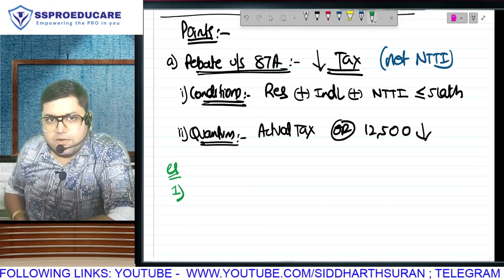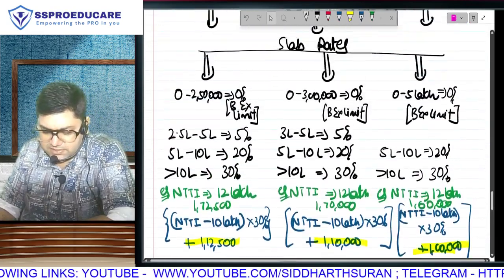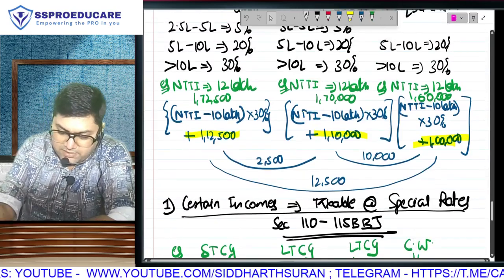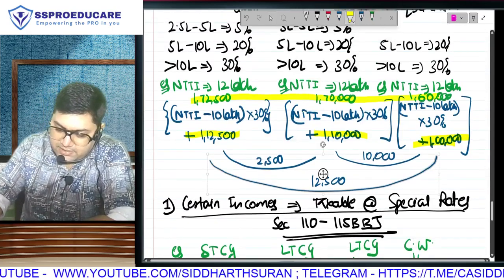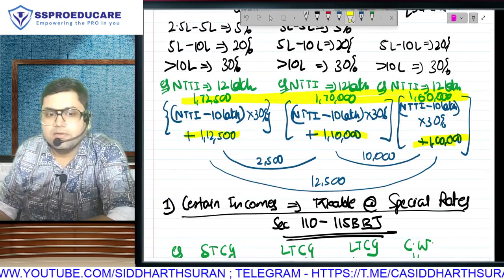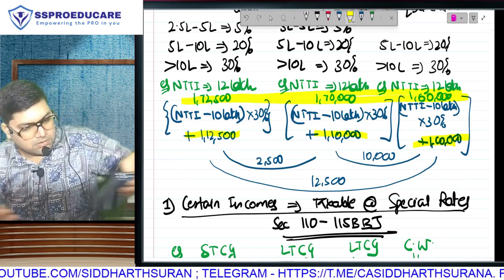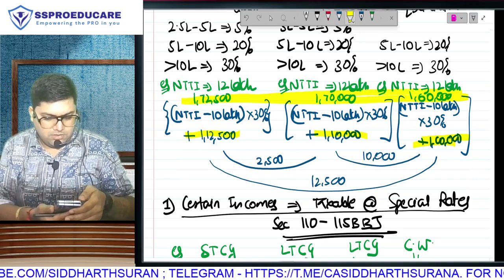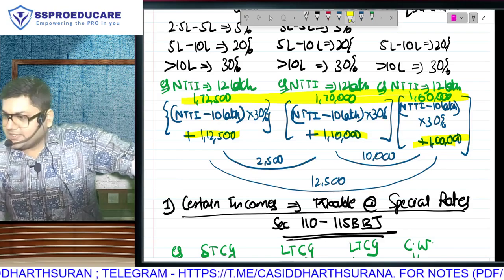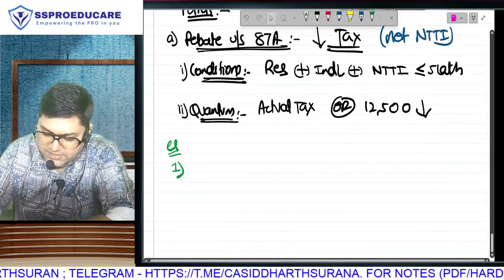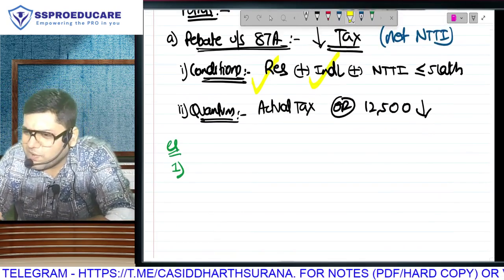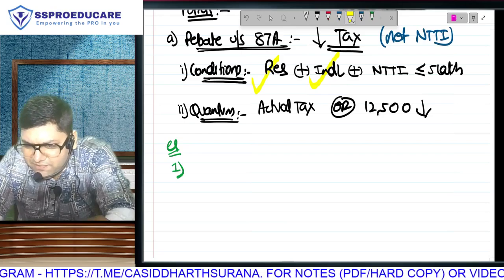First case. Do you know we calculated tax for 3 assessees here? Category A, category B, category C: 1,72,500, 1,70,000 and 1,60,000. Correct? Assume that they are all resident individuals. Condition 1 satisfied, condition 2 satisfied, and the tax amount was 1,72,500, less than 5 lakh.